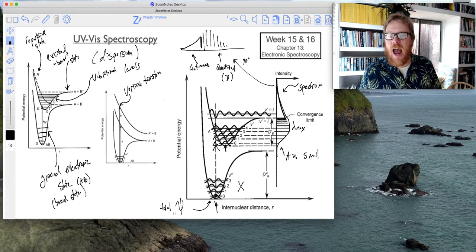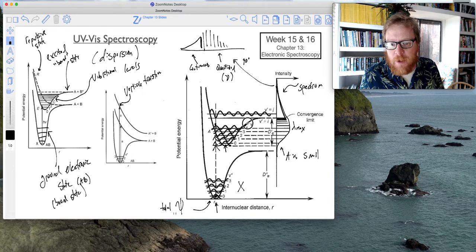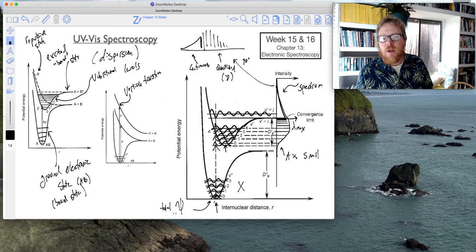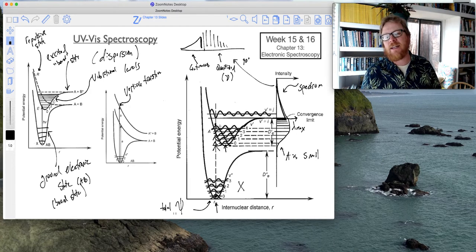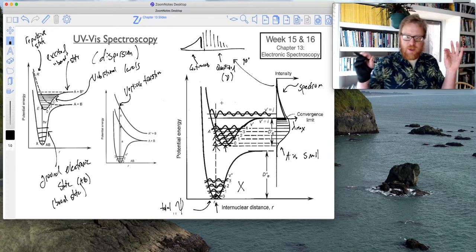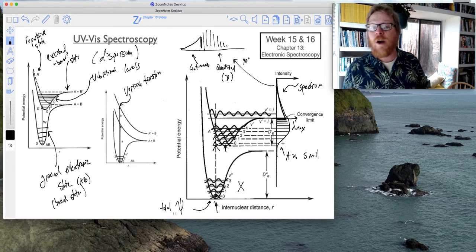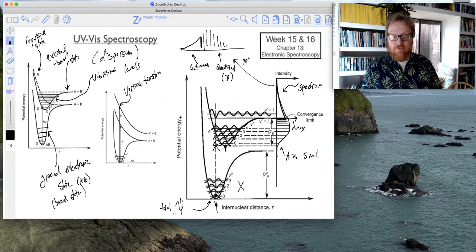Okay, and so now, as you can see in this fictitious diagram, in this fictitious molecular spectra, at this point here, our Morse potential is done, corresponding to that convergence limit. So at that point now, any excitations above that would just result in what we call photo fragments, right?